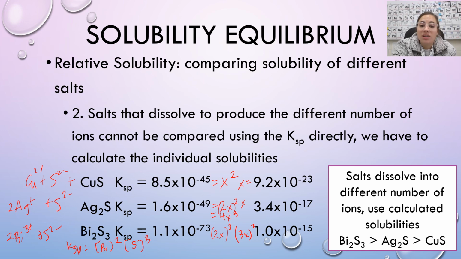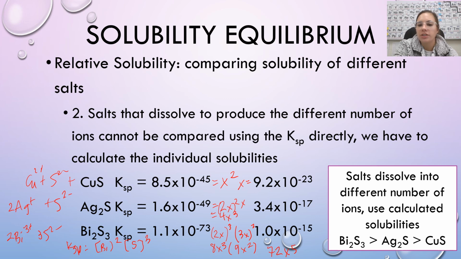So when we simplify this, 2x cubed is 8x cubed, 3x squared is 9x squared. 9 times 8 is 72x to the 5th. So when you solve for x, you get 1 times 10 to the negative 15.